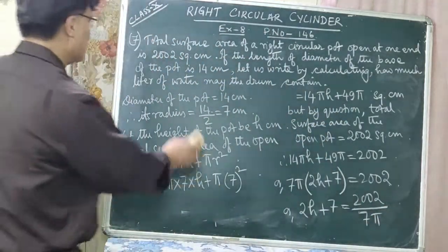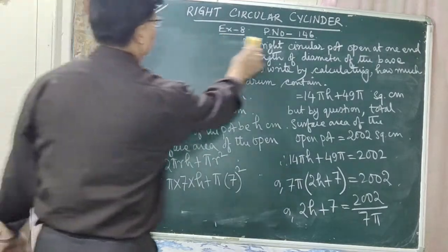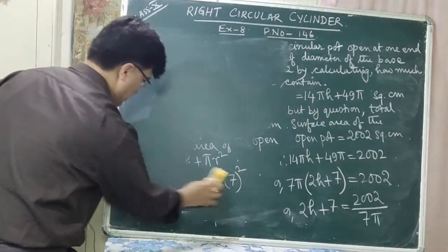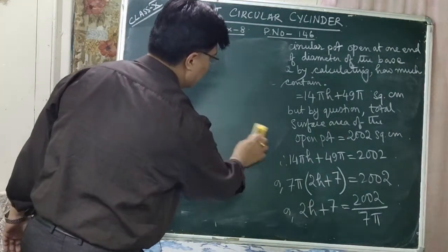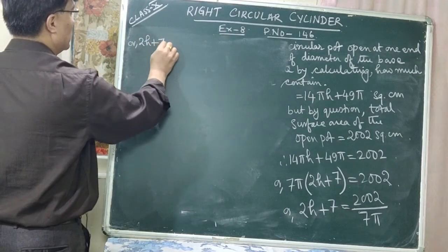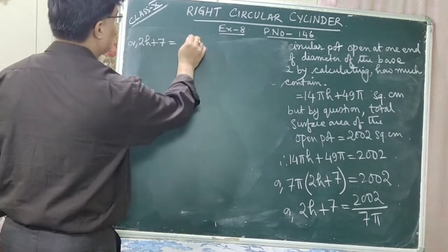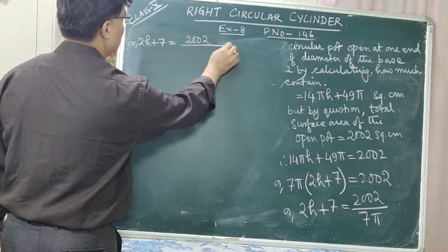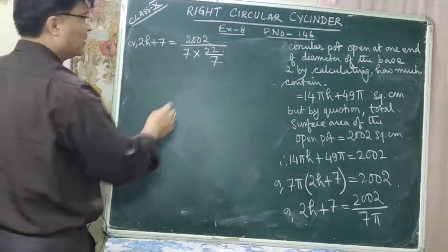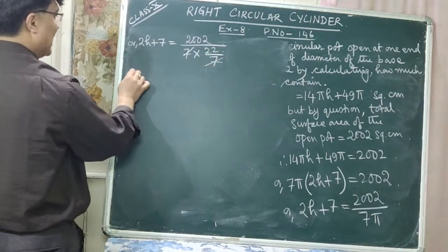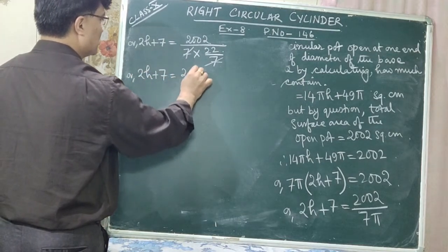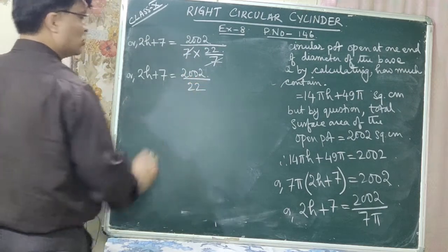So let us simplify the right hand side now. 2h plus 7 is equal to 2002 divided by 7 into, what is the value for pi? It is 22 by 7. Here 7 gets cancelled, or 2h plus 7 is equal to 2002 divided by 22.